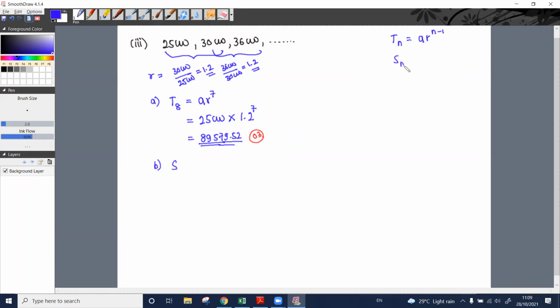What is the formula? A into 1 minus r to the power n divided by 1 minus r.